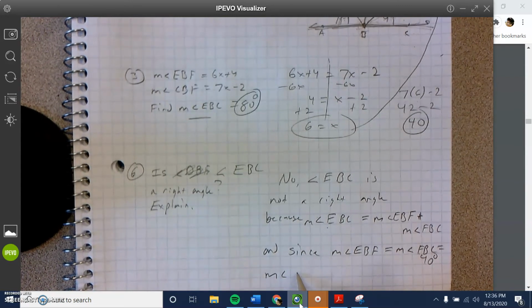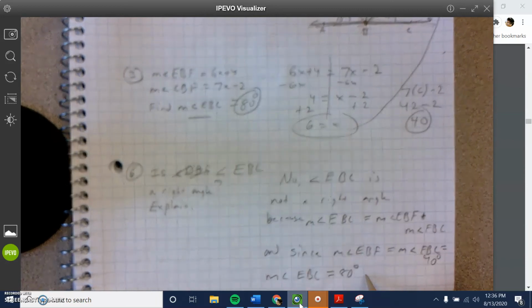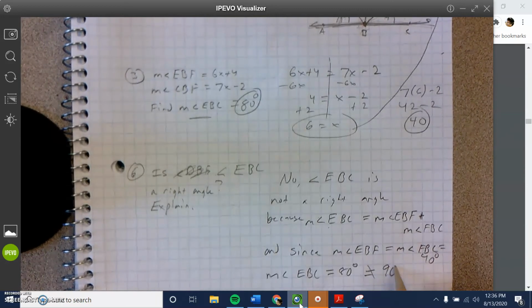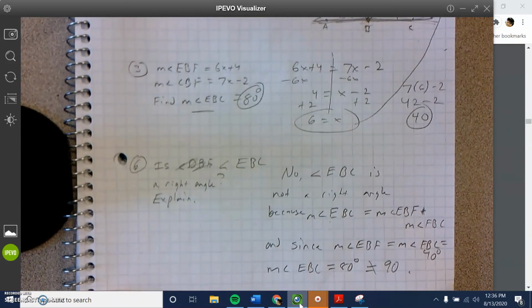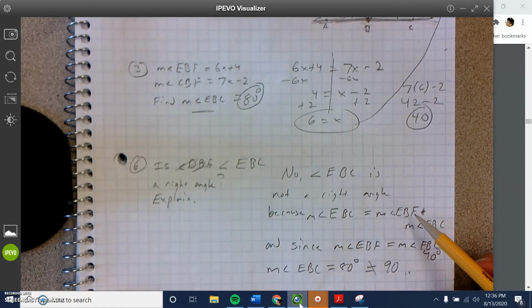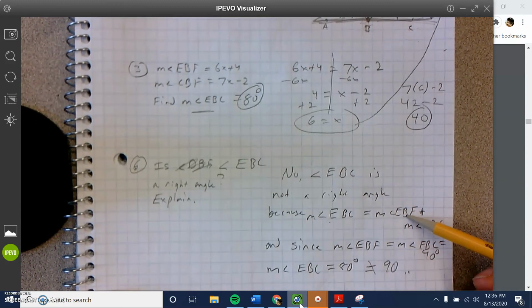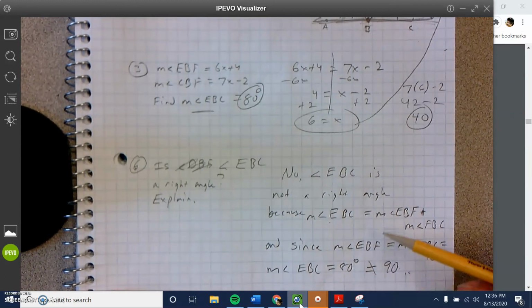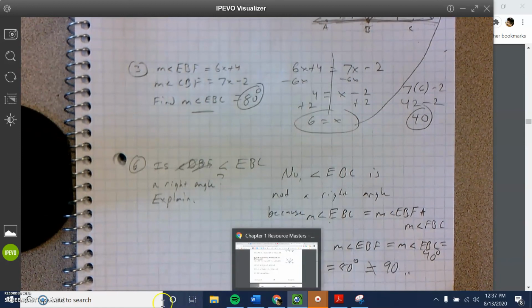The measure of angle EBC equals 80 degrees, which does not equal 90. So something like that is acceptable. I know it's kind of a run-on sentence, but I have all of my stuff I need. I need math notation, I need numbers, I need proofs, etc. about how that's not a right angle. Good work. Nice job. Keep knocking them out.